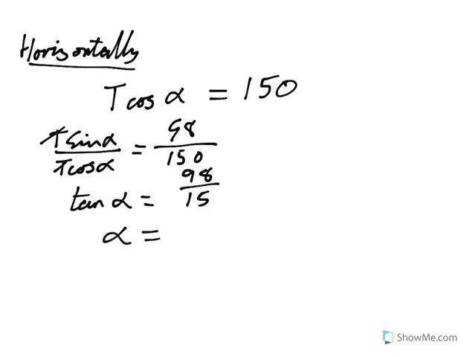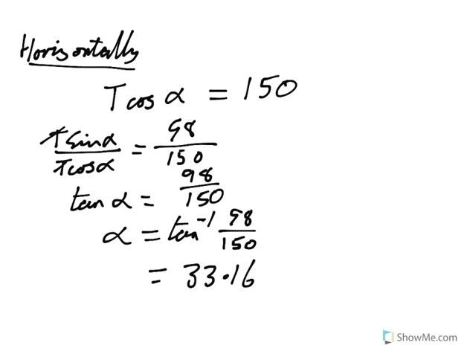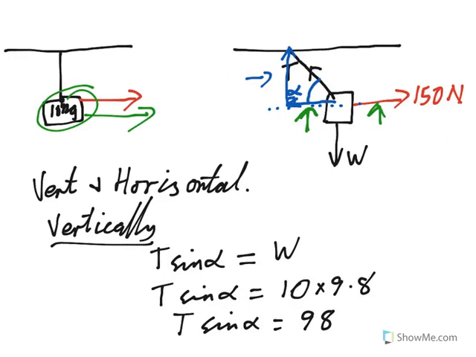So if I want to find out what that angle is, I'll do the inverse tan of 98 on 150. And when you do that, you get 33.16 degrees.